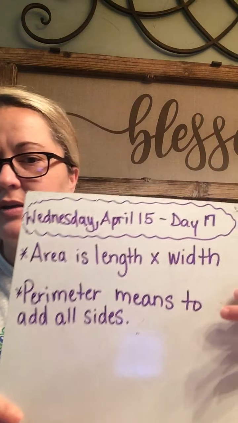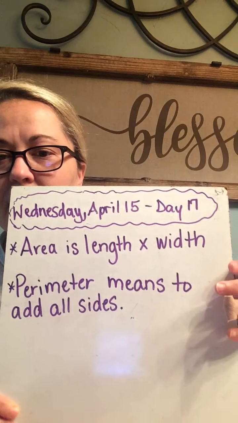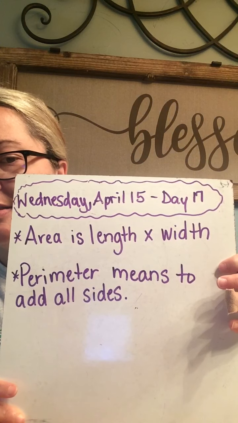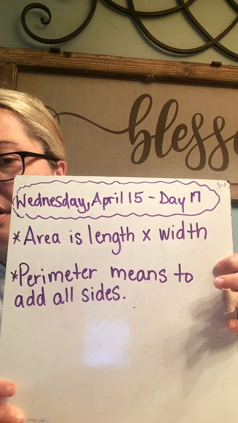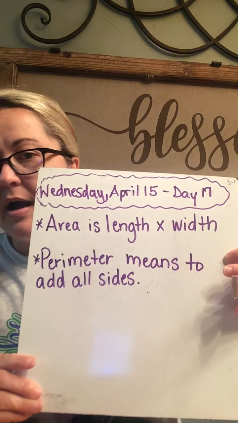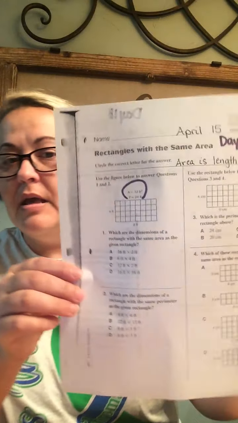If you were to find perimeter, if it's a rectangle, for example, you're going to use every side, and then you're going to add them all up, okay? So I just wrote a little bit of a summary here. Area is length times width, and perimeter means to add all sides. All right, those are your two things that you're thinking about today as we're doing our lesson.